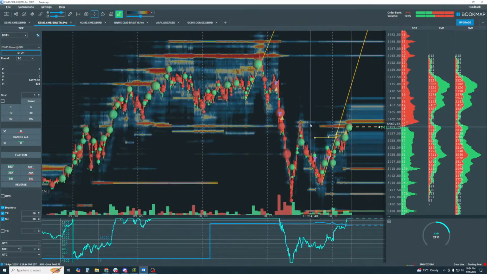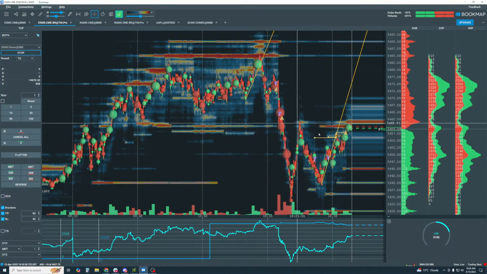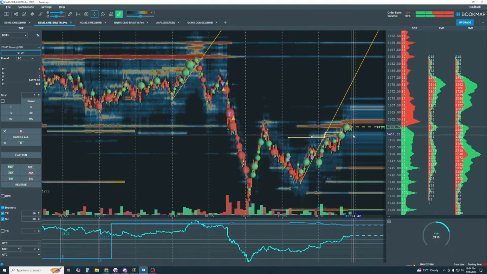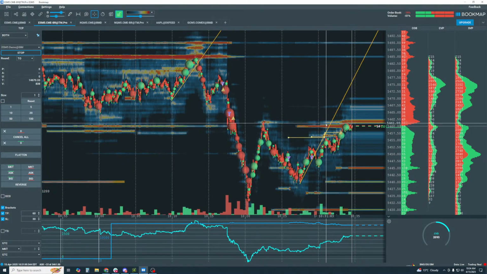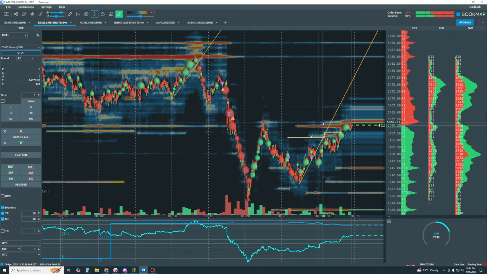Okay, bigger picture, maybe just up to the swing up here, and the relative volume is pretty good, but then this one might maybe just turn into a range bound trade.